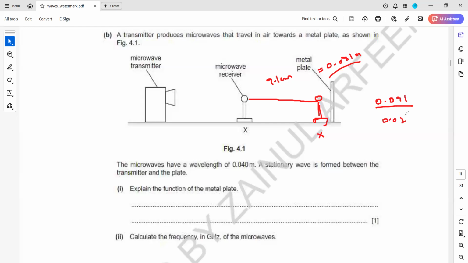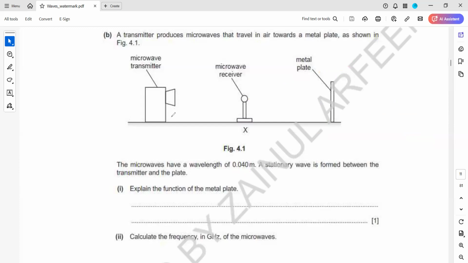What's the answer for this? So about 4.55.